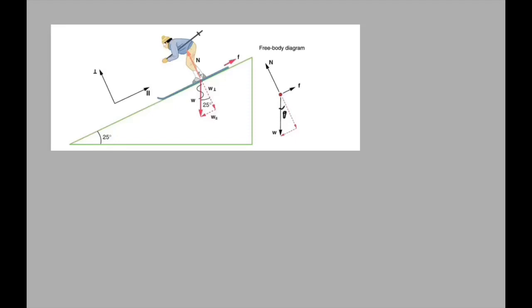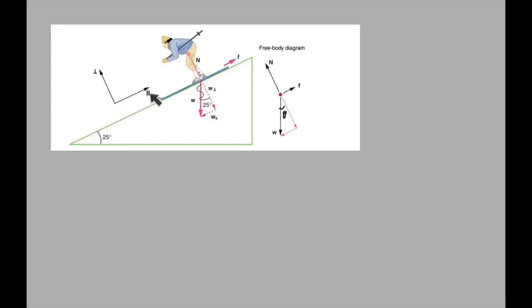Now, to solve the problem, usually what we'll do is we will break this up into the components. But before we do that, take a look at how the x-axis is along the plane while the y-axis is perpendicular to it.